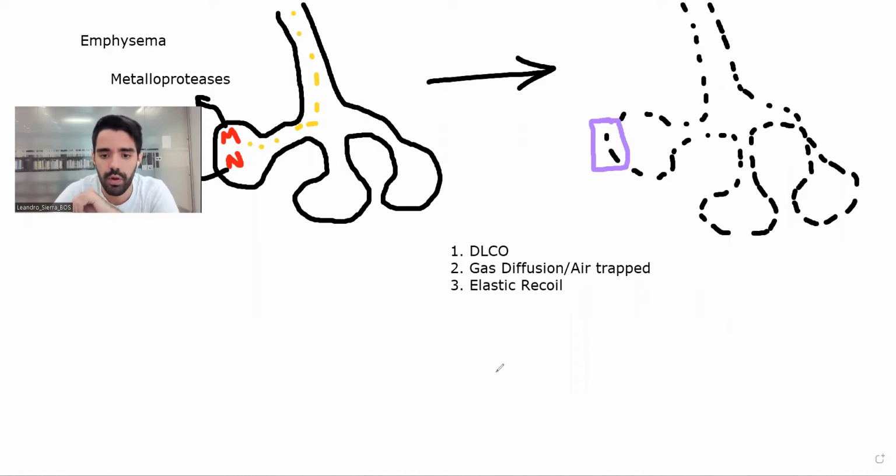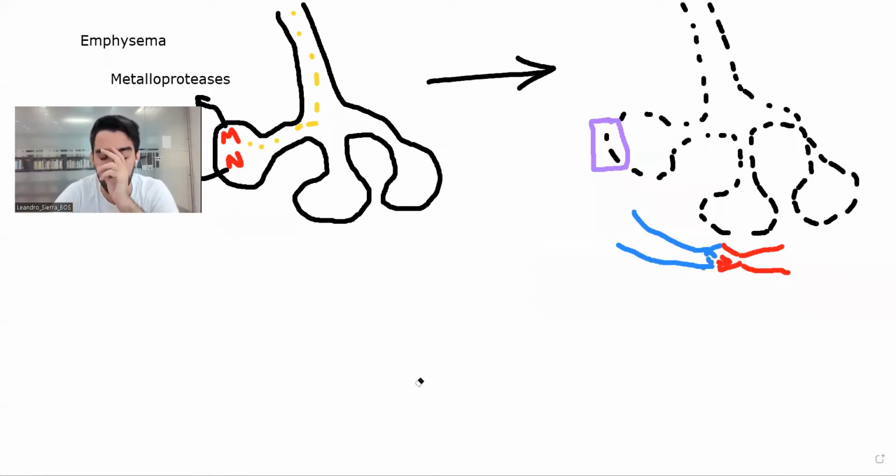So if we draw the capillaries again, you remember pulmonary vein and capillaries, capillaries from the other port, and then pulmonary artery. What we will have here is, as the DLCO is damaged, we cannot pass, for example, the oxygen from here, to outside the body.